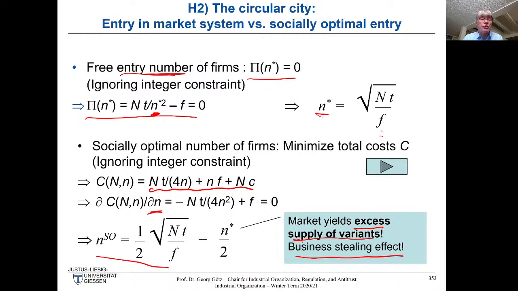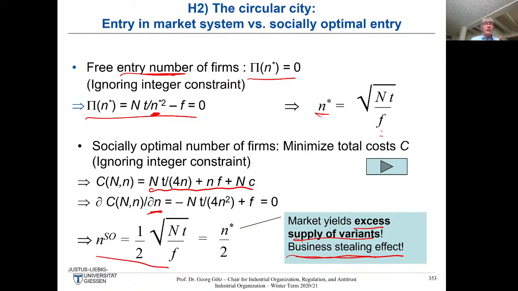First of all, of course, consumers now have to travel less, and therefore their transport costs decrease, but to a large degree, your profit comes from the profit of rivals. You just shift profit from rivals to you. Okay, and that's what is called business stealing.